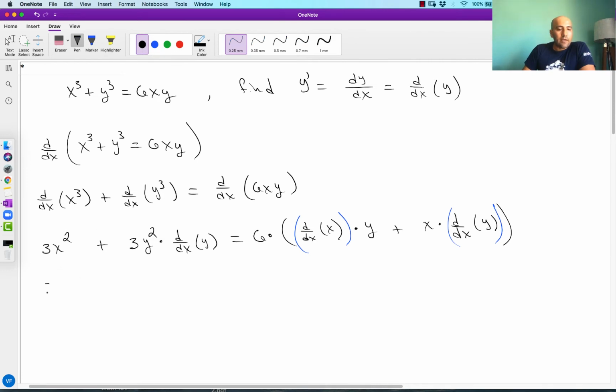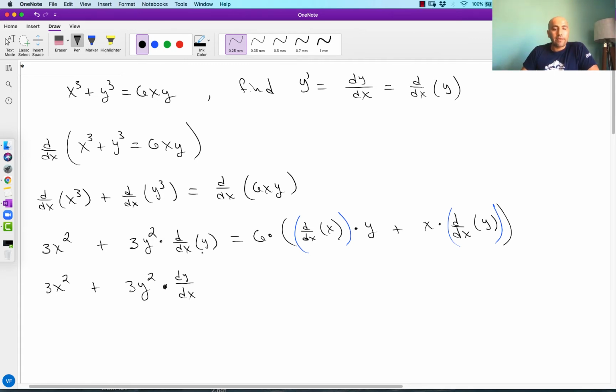This is going to be 3x squared plus 3y squared, and this is that dy dx, right? And this is where we're making that assumption that it exists, right? That's that implicit thing. It's implied that y can be expressed in terms of x, therefore its derivative exists, and so I can write it this way.